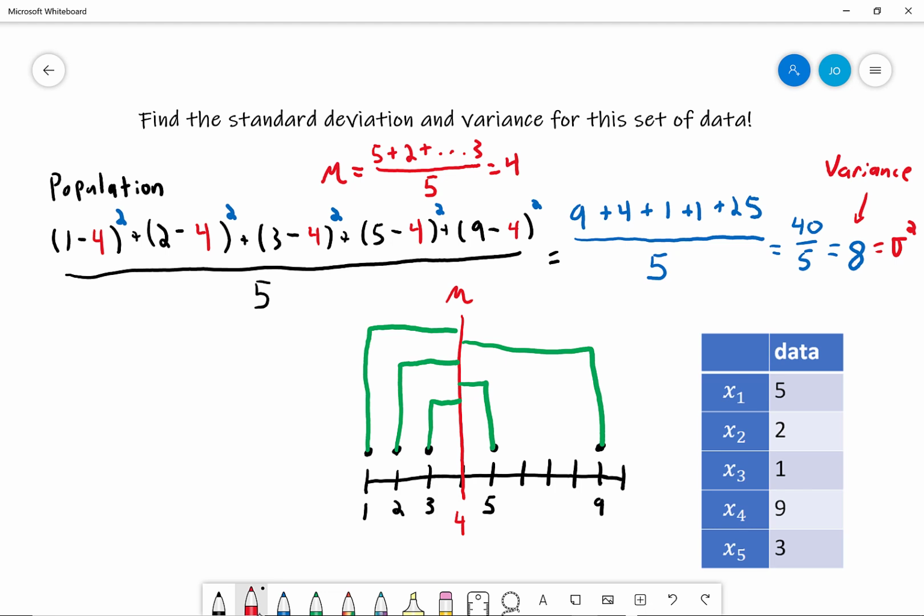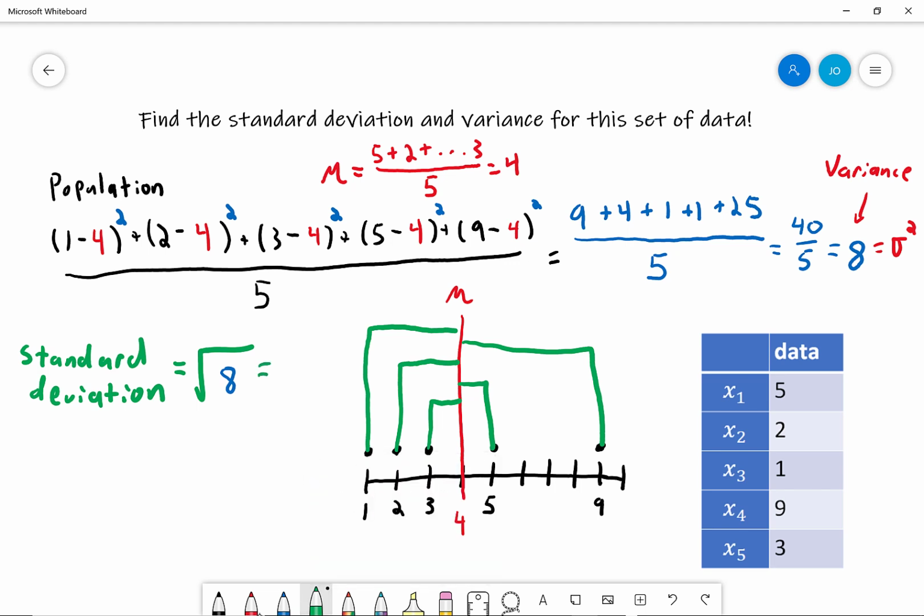If we wanted to just find the regular distance of how far an observation is from the mean, then what we would do is say, well, okay, let's undo this squaring. To find the standard deviation, the average distance, what we'll do is take the square root of our variance.